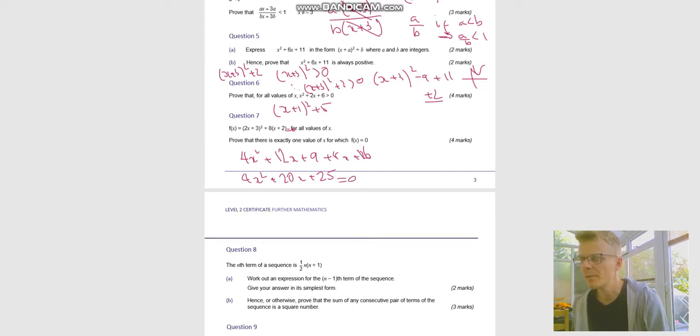So one shows that you've got one solution, so you could try and find that solution. The better way to do it, I think we spoke about it in one of the previous videos, is to use a discriminant.